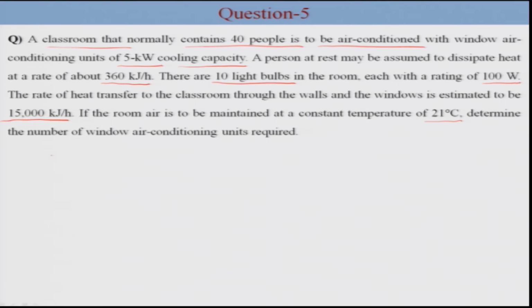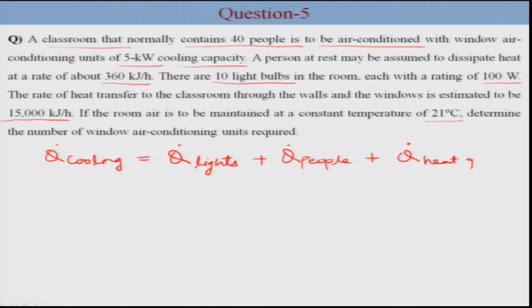So, total cooling load is because of lights, that is bulbs, plus because of the people which are sitting in the room, plus the heat load because of the heat gain from the windows and the walls.